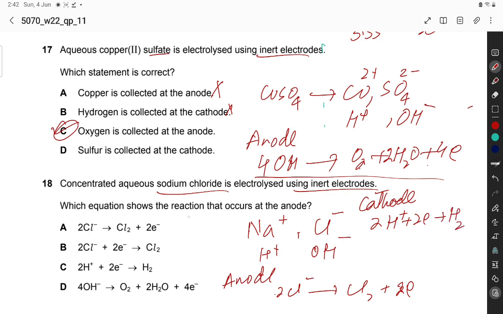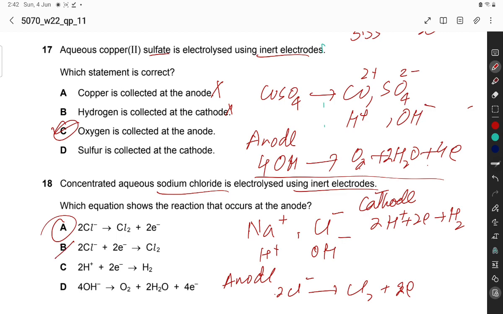So which equation shows the reaction that occurs at the anode? 2 Cl negative losing 2 electrons. This is the answer. This is wrong because at anode oxidation takes place, so chloride ion loses electron.